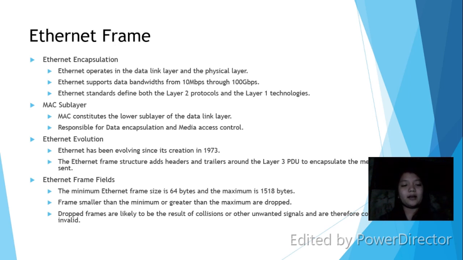Ethernet standards define both the layer 2 protocols and the layer 1 technologies. MAC sublayer: the MAC constitutes the lower sublayer of the data link layer, and it is responsible for data encapsulation and media access control.